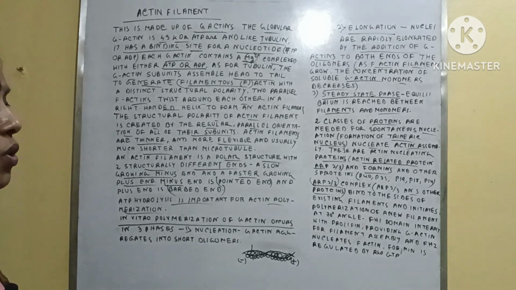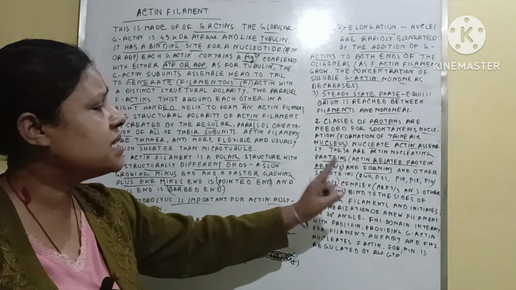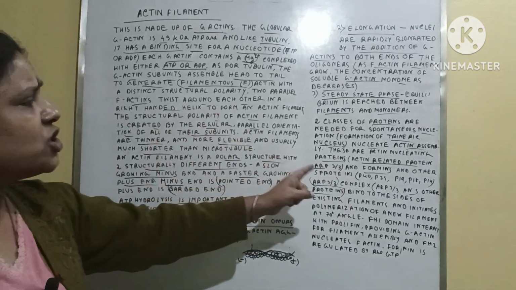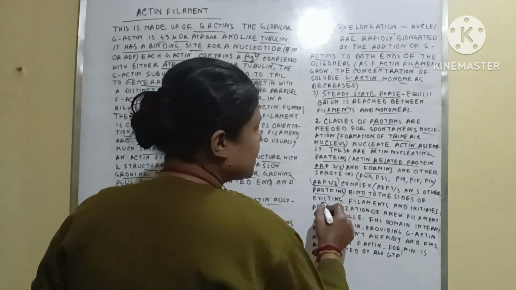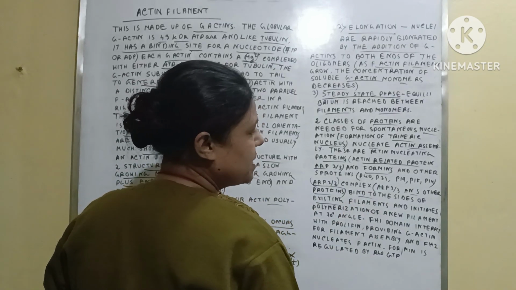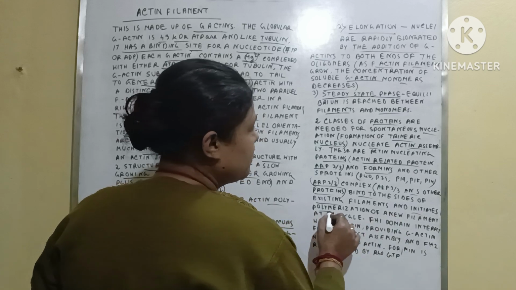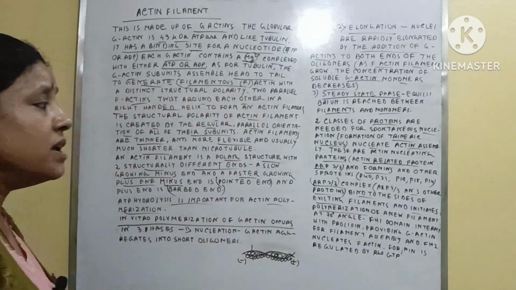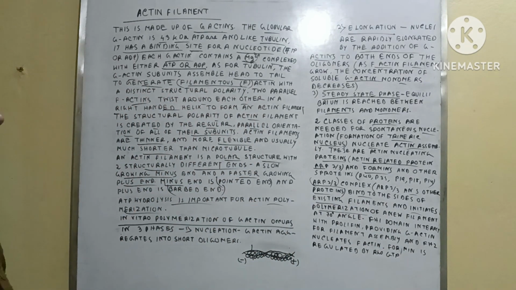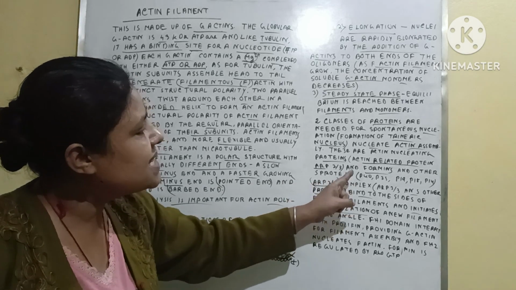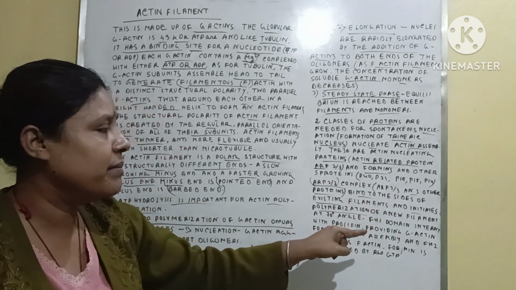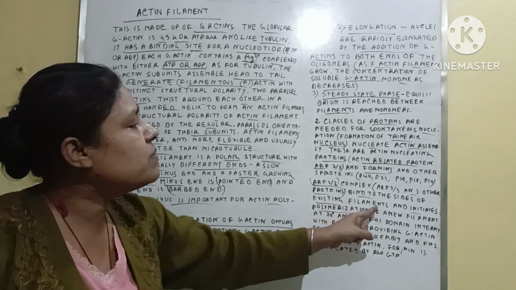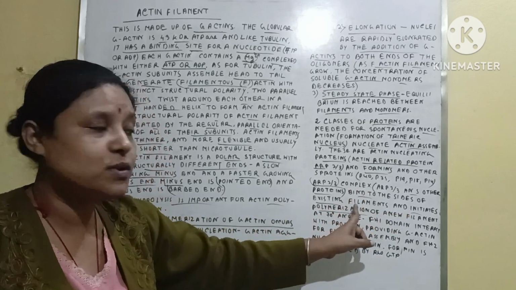Now we will see why the formation of this complex is needed. This complex binds to the side of the existing filament and initiates the polymerization of a new filament. Clear? If this complex does not bind to the sides of the existing filament, then polymerization of the new filament is not possible.